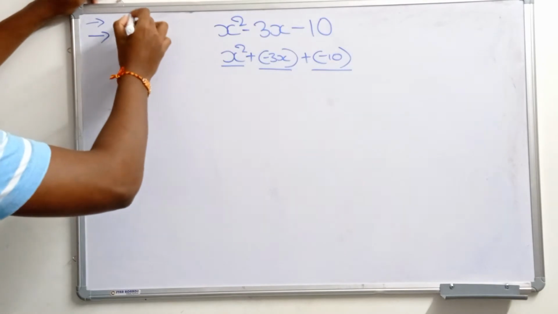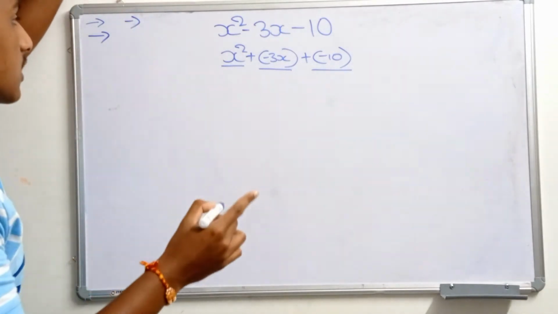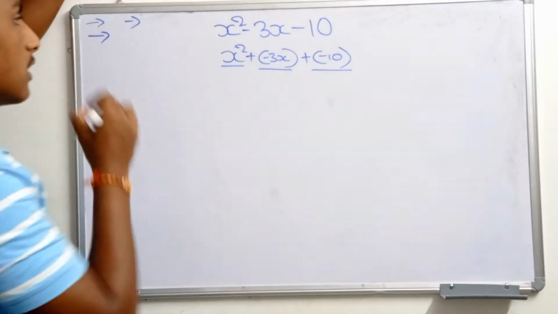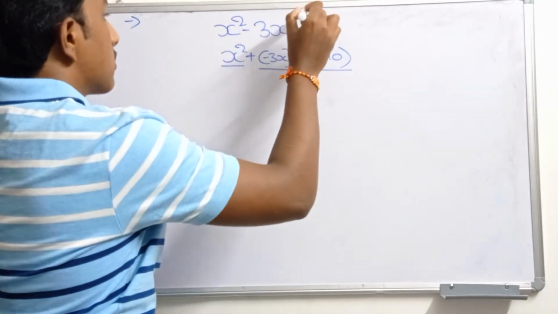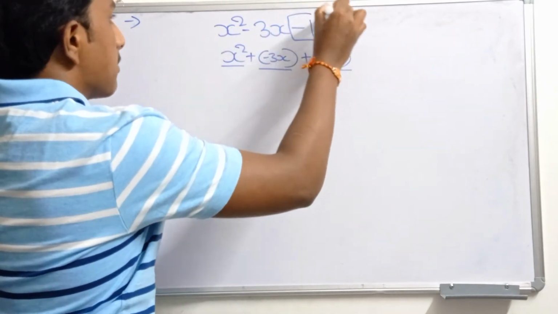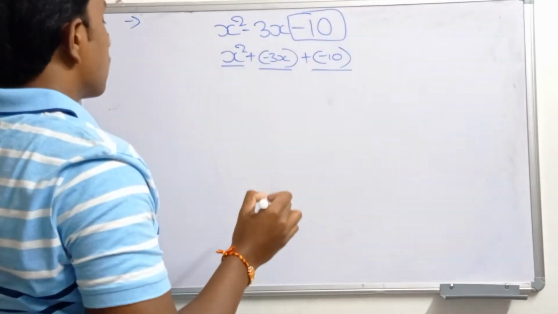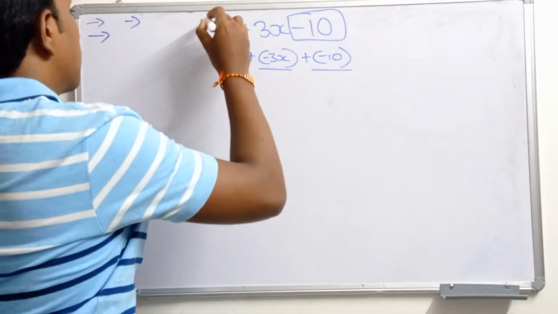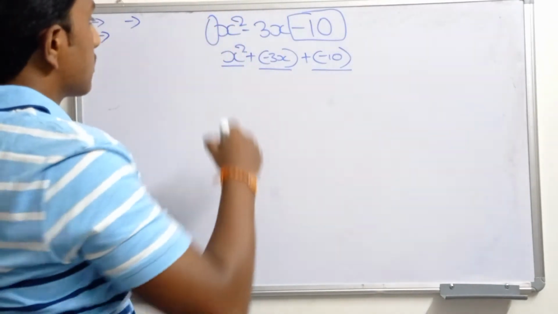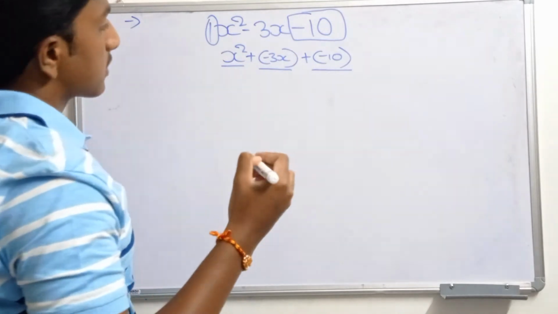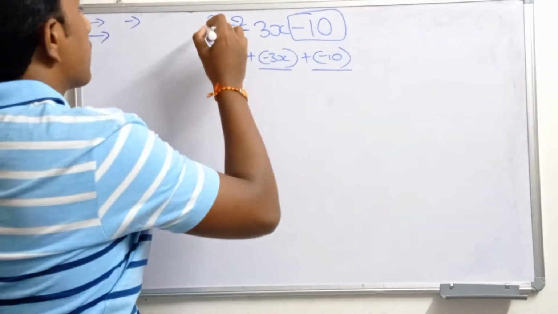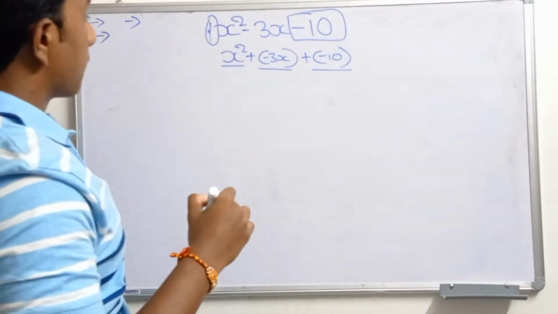Moving to the third rule, we have to multiply the constant term and the coefficient of x square, including the signs. Here the constant term is minus 10, and the coefficient of x square: here we have nothing, so we'll take it as 1. 1 into x square is x square, so we can take it as plus 1, guys.